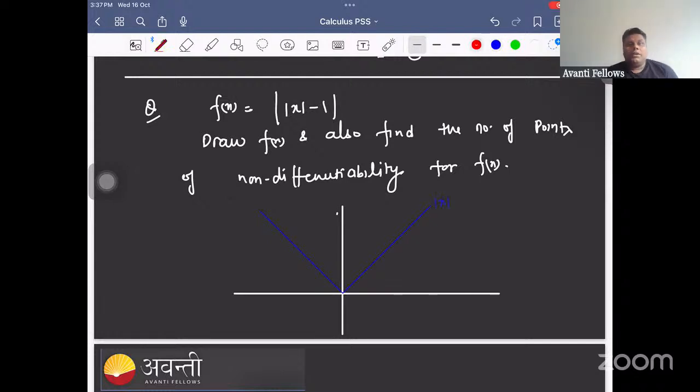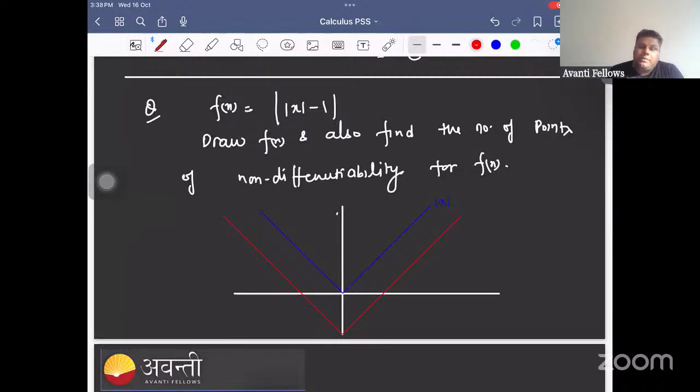Now we want mod x minus 1. So to get mod x minus 1, what do I do? Just drag this entire graph by 1 unit downside. So drag the entire graph by 1 unit downside.